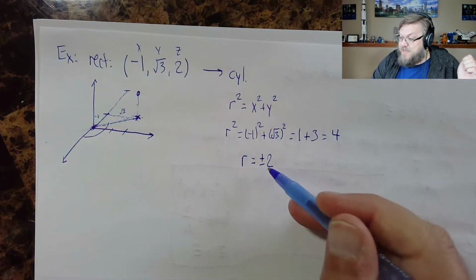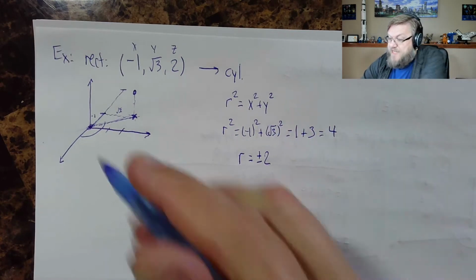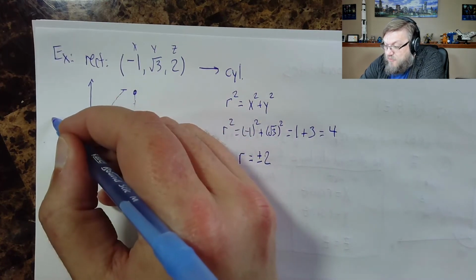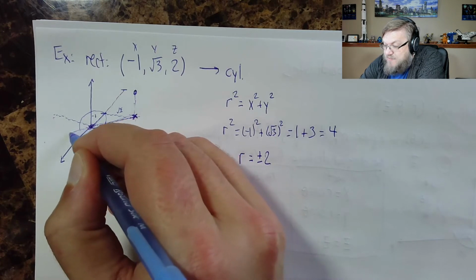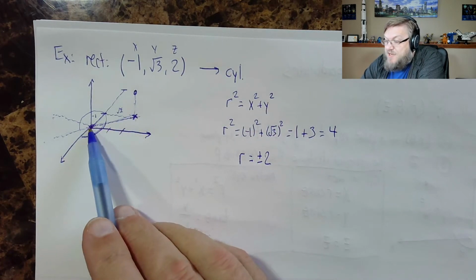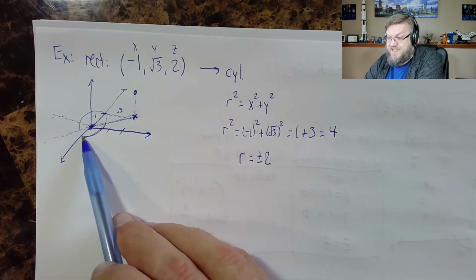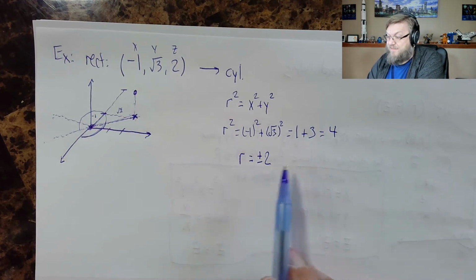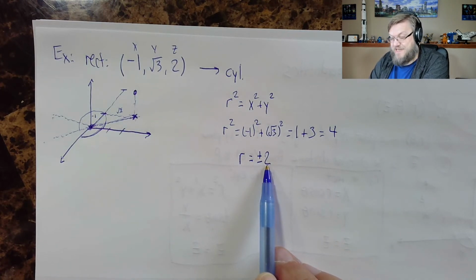If I wanted to pick r to be negative for whatever reason, I would have to spin all the way around to be in the fourth quadrant over here, look this way, and then walk backwards 2 units. In that case, theta would be in the fourth quadrant. So if I pick r to be positive, theta needs to be in the second quadrant.